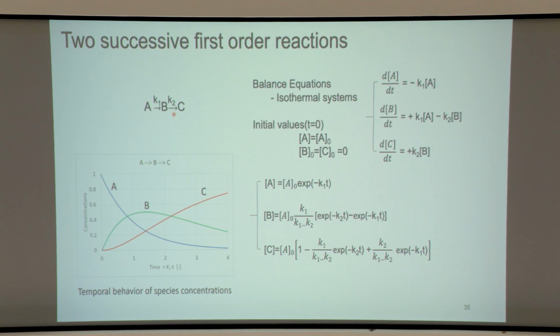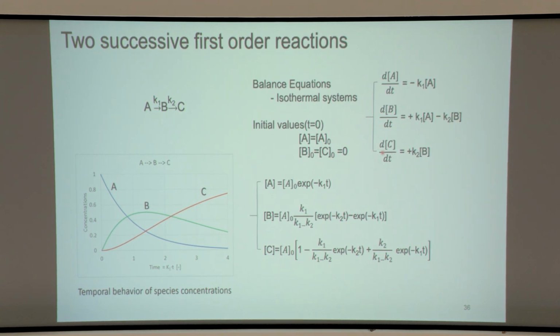Now, if we put all of this inside of a box, we can write the simple balance equations as such. For the isothermal system, with fixed temperature, determine the rate of change of species. The change of A as a function of time is minus, because it's negative for the reactants, K1, the rate constant for the first reaction, times the concentration of A. B is simply plus K1A, the rate of formation based on the consumption of A, and then the rate of decomposition based on the consumption in reaction 2, so minus K2B.